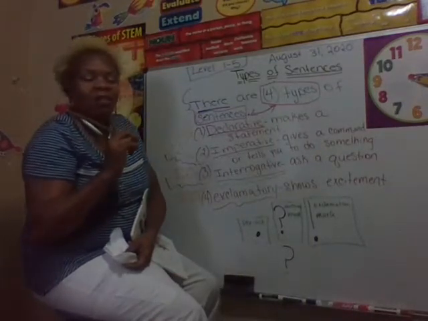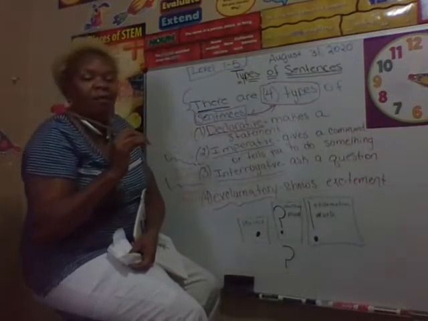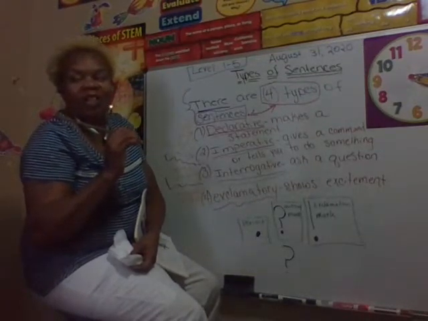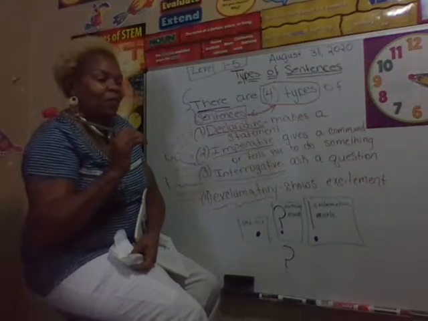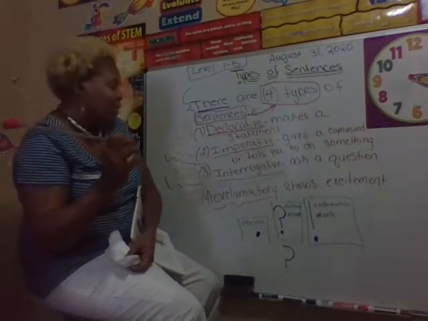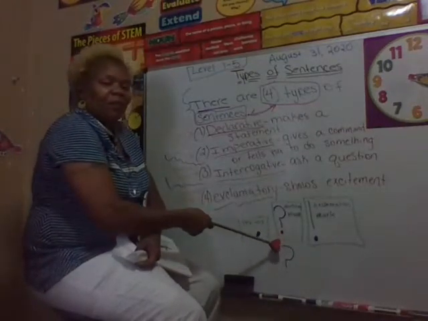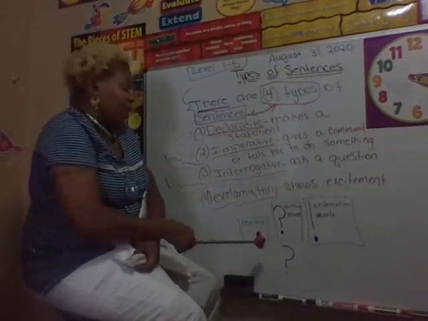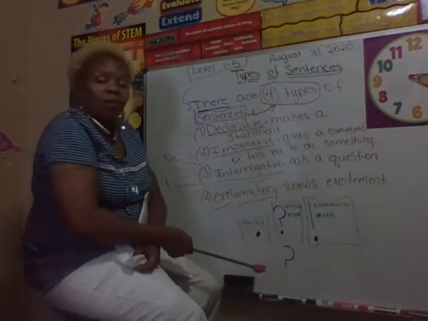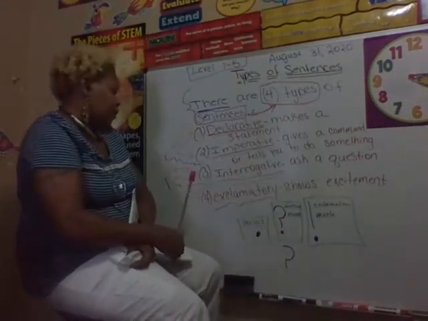Is it adjective, adverb, noun, verb, conjunction, interjection? What is it? Preposition. So underneath is the preposition. And I want this dot underneath the question mark. That's where I want it to be located.